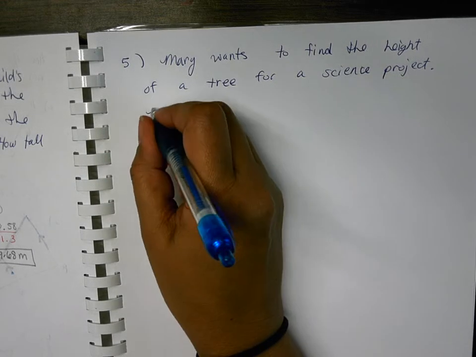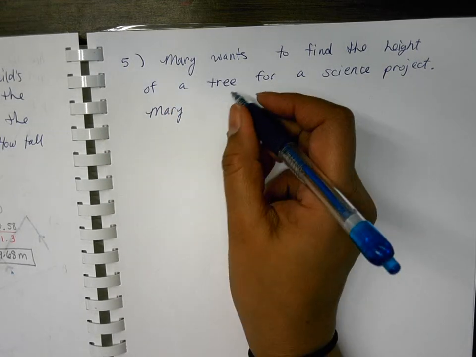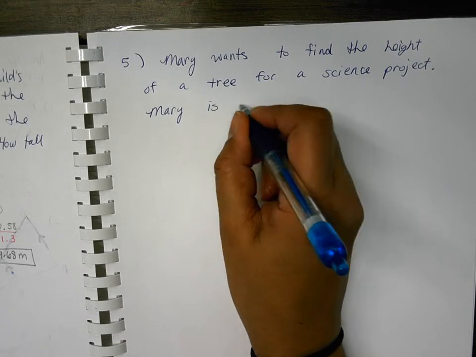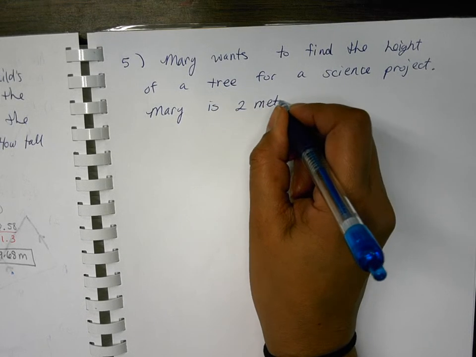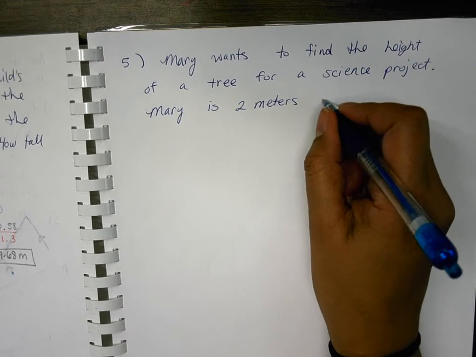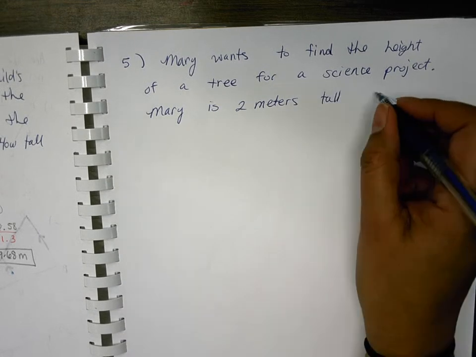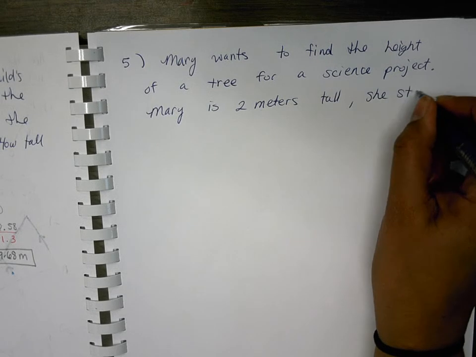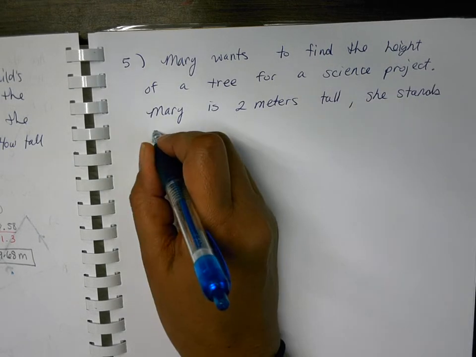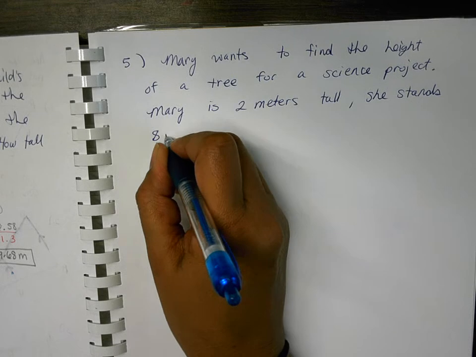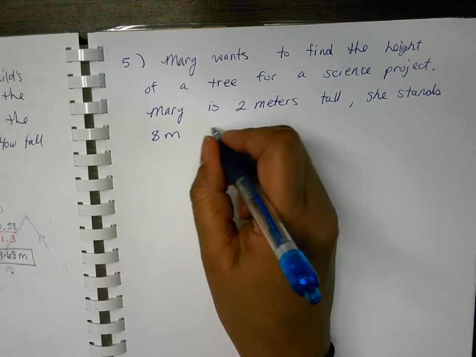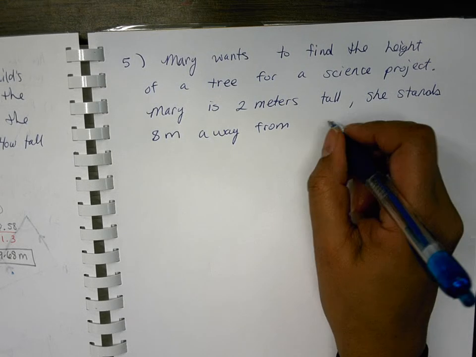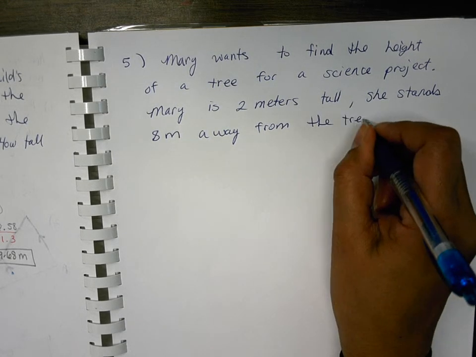Mary is 2 meters tall, comma, she stands 8 meters away from the tree. All right, and there's a comma there as well.